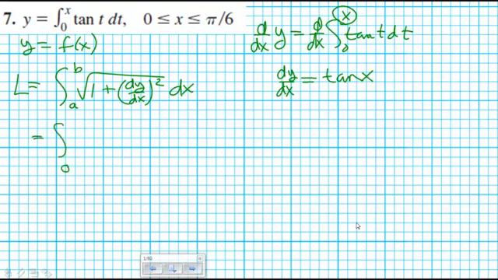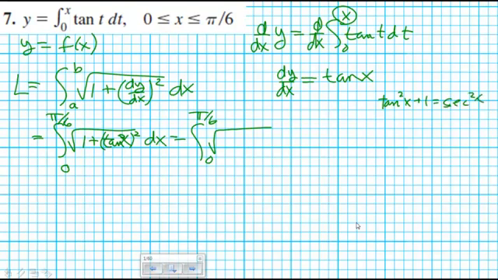That means we can come back to here and fill in the blanks. The integral from 0 to pi over 6 of the square root of 1 plus tan x quantity squared dx. And lucky for us, tangent squared plus 1 is equal to secant squared.